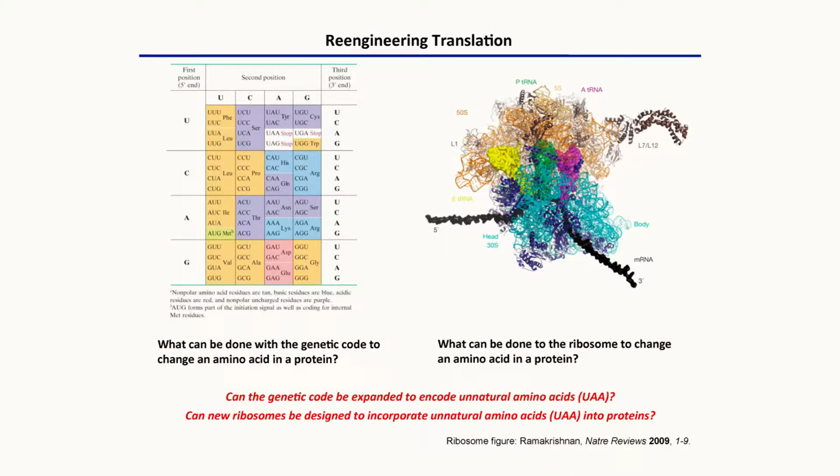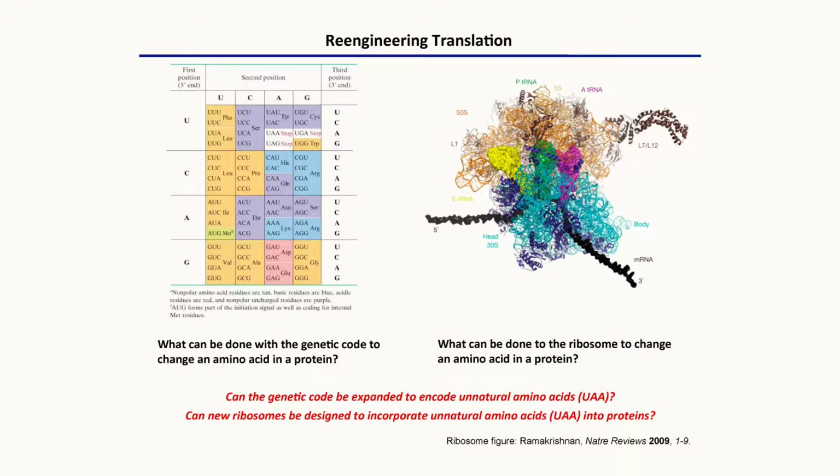So let's think about re-engineering translation. We can think about two things: the genetic code and the ribosome. I'll just present you with the questions. If we consider the genetic code, what can be done to this genetic code to change an amino acid in a protein? And if we think about the ribosome, what can be done to the ribosome to change an amino acid in a protein?